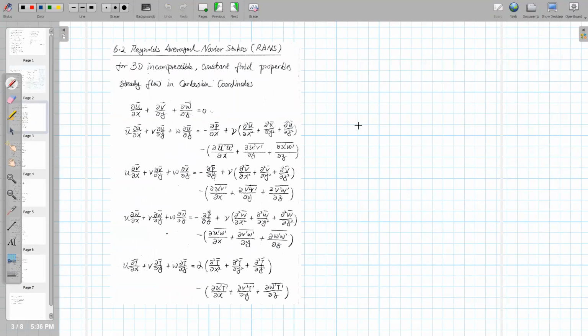Okay, so we need to derive the Reynolds-averaged Navier-Stokes equation. The way to derive it is very simple.